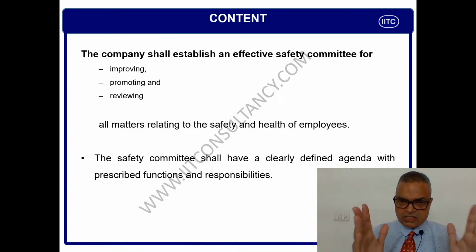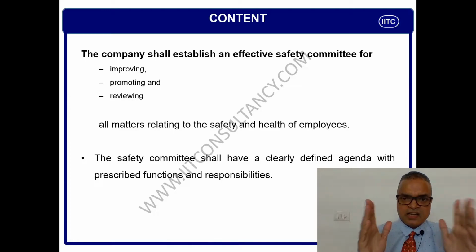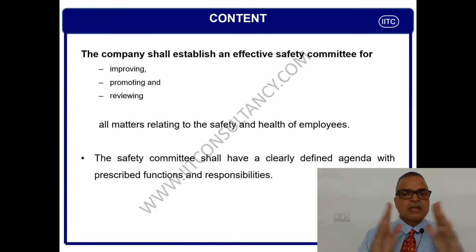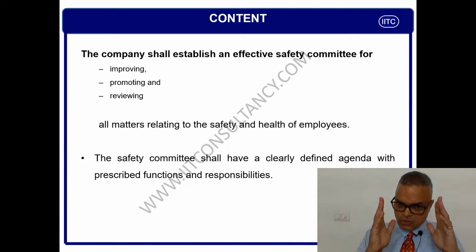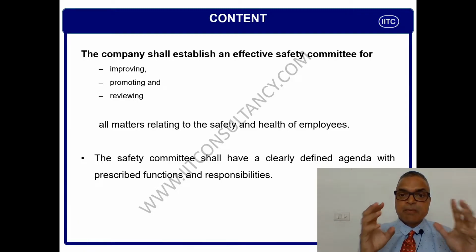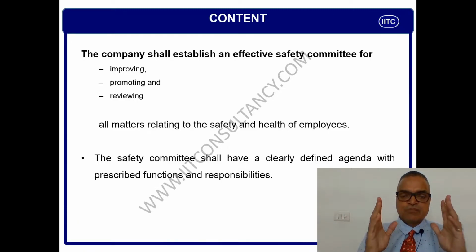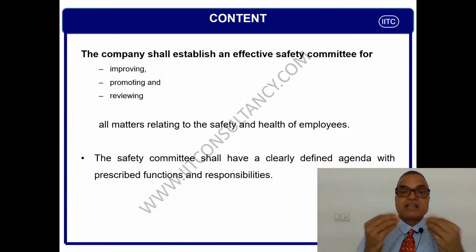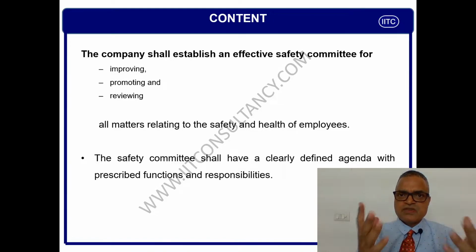We will not discuss the benefits of safety and health for the organization here. This is a separate part. Probably we need a consolidated structured approach to understand the benefits of a safety and health policy. There is a separate video I have given so that you can understand the different benefits of having a healthy safety and health system in the organization.